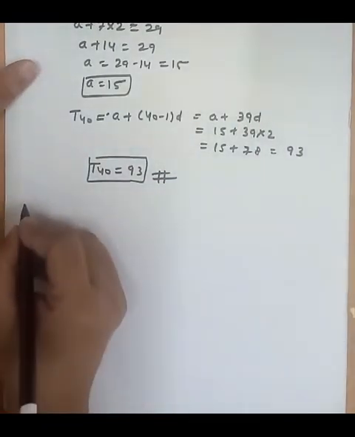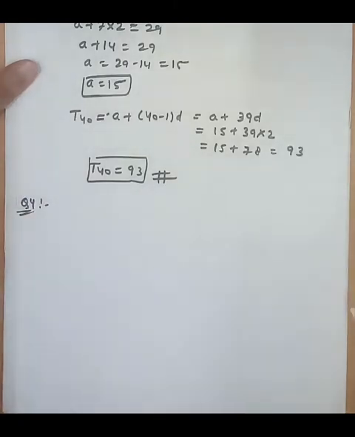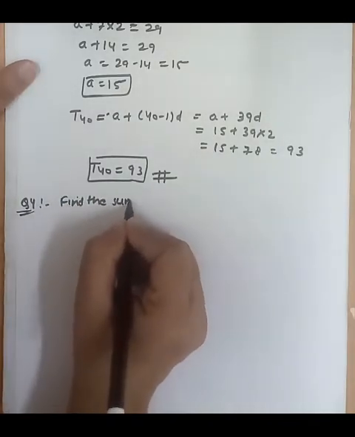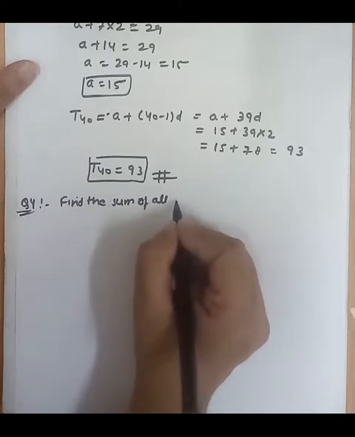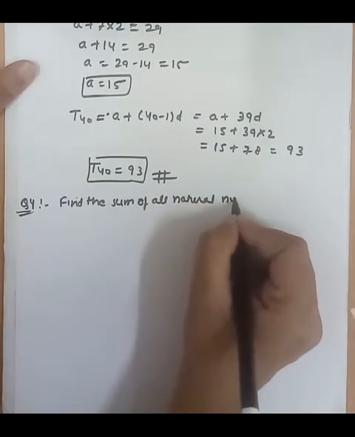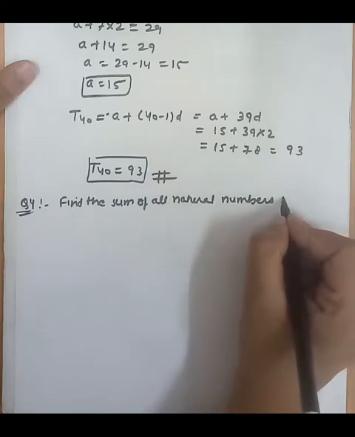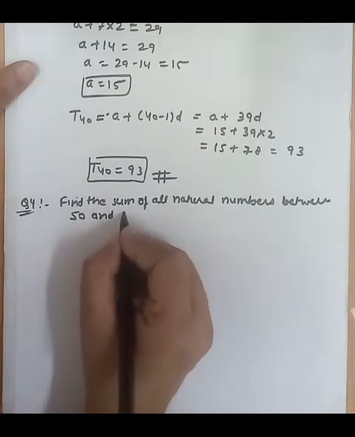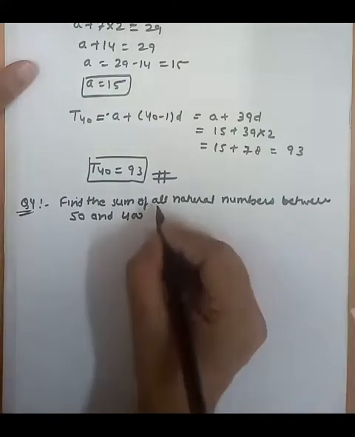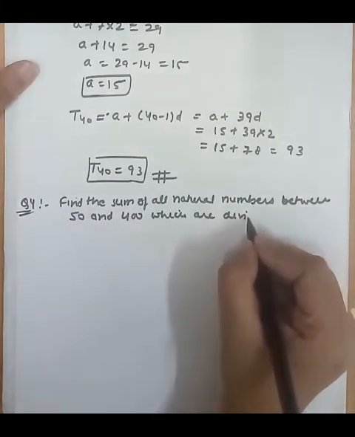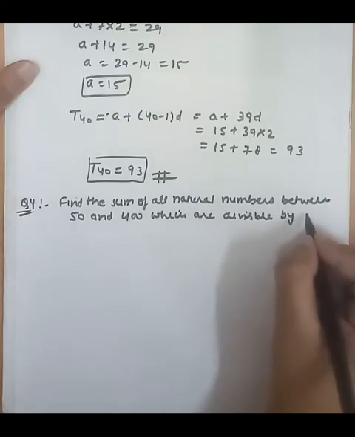Now take the next question, question number 4. Question number 4 is: find the sum of all natural numbers between 50 and 400 which are divisible by 7.